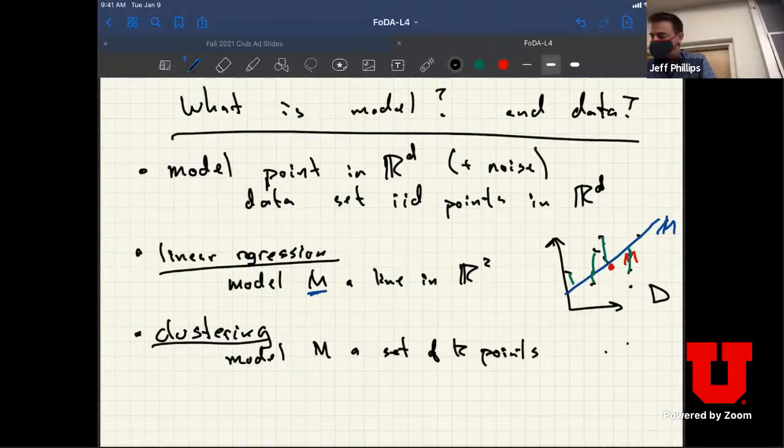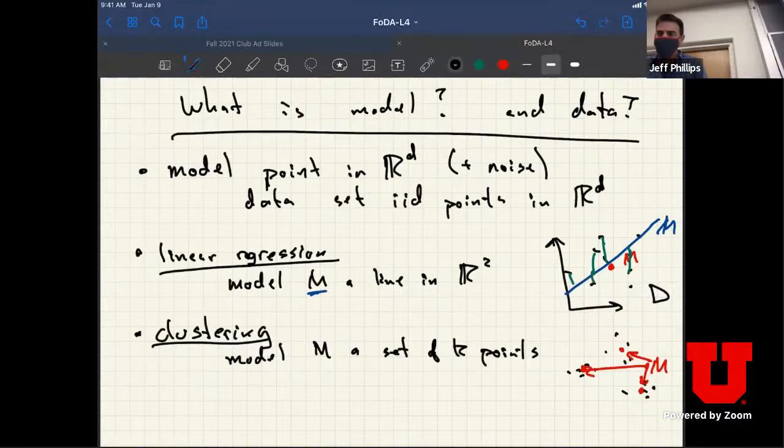Okay, so now I'm going to have my data that looks like this, and I might say k is equal to 3. So the model might be 3 points. Now I don't just need 1 point to represent it, but I can use 3 different points to represent it here. Okay, and so that's how we're going to model clustering.